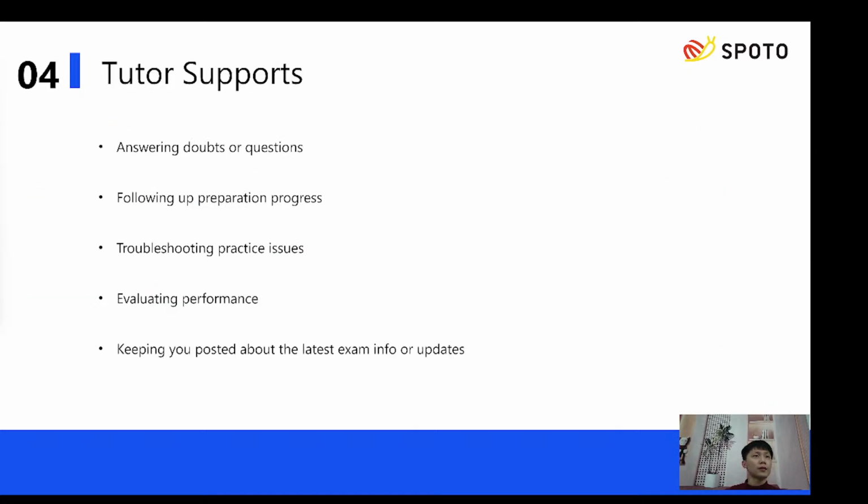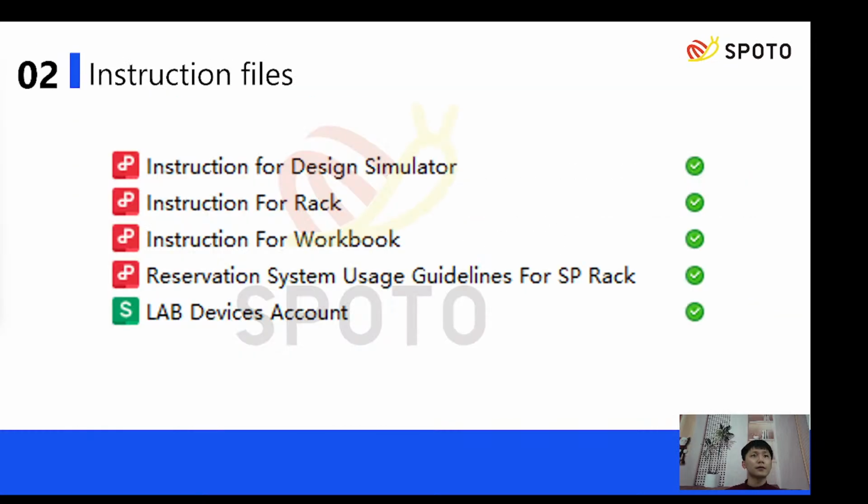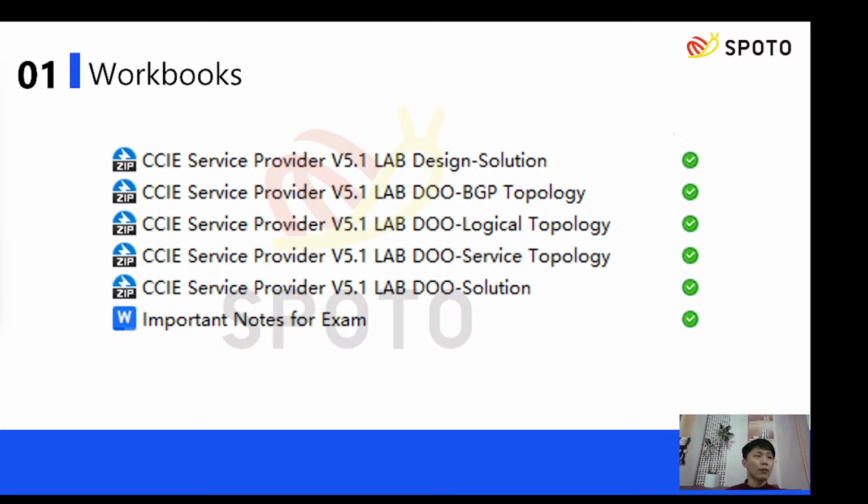Okay, wait. Oh yes, here, right here. I forgot it. Here we have the important notes for exam. You can see the field named important notes for exam. These notes are from the candidates who passed the exam, and we will keep updating this field.